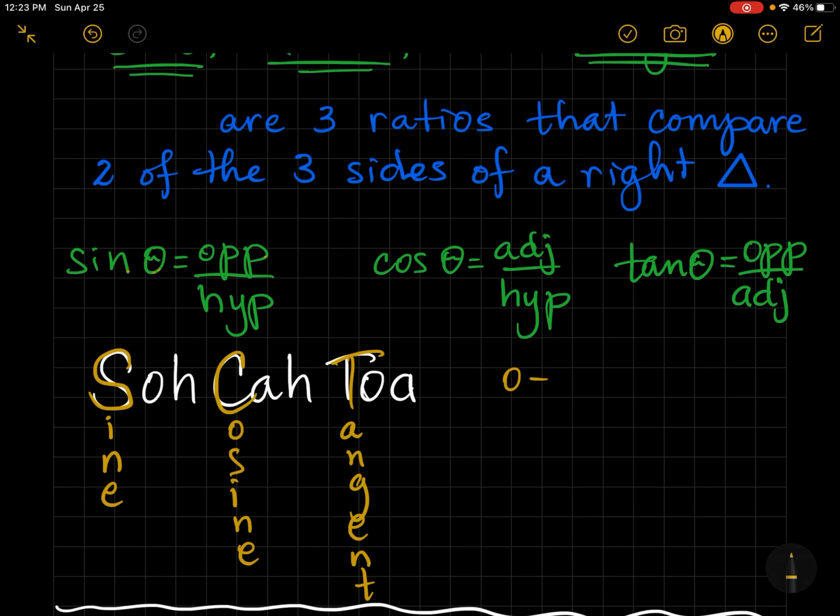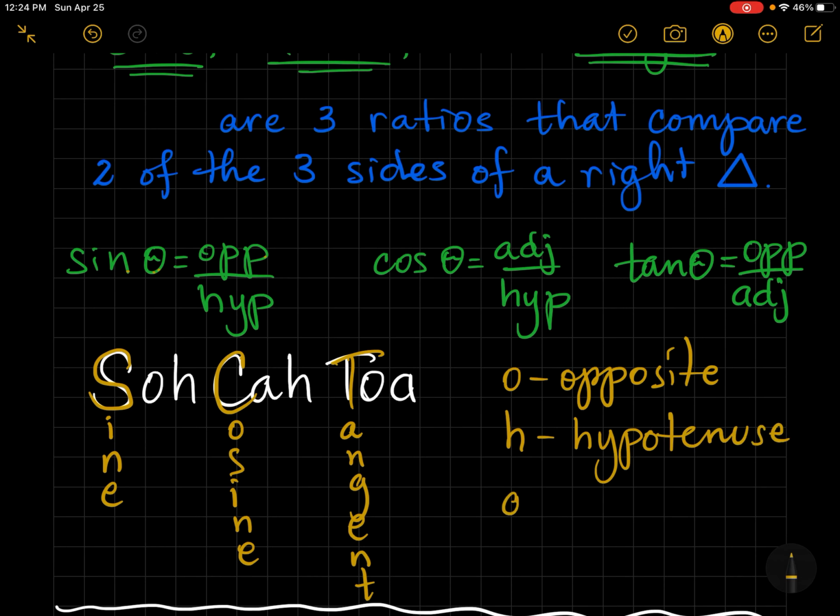The O stands for opposite. The H is for hypotenuse. And the A is for adjacent. So if you forget these ratios, you can just say, oh, tangent, that's OA. So that means opposite over adjacent. You see that ratio right there.